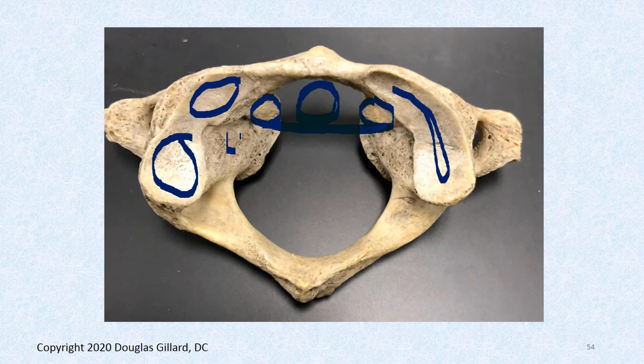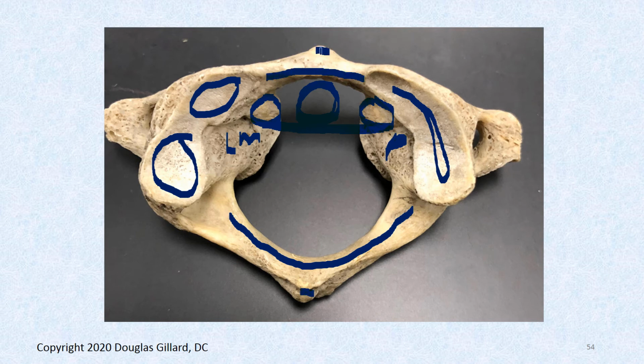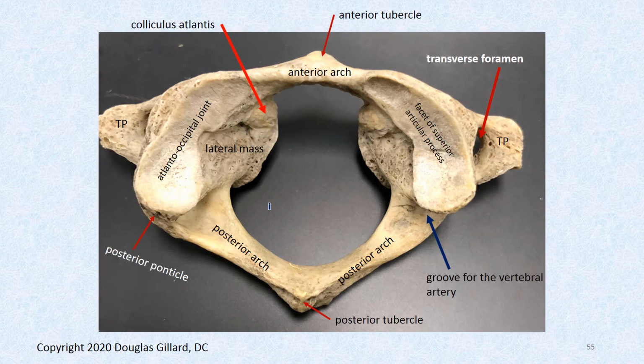I guess that could be called the lateral mass from here, or you could call it the articular pillar. This whole thing is the posterior arch, posterior tubercle, anterior arch, anterior tubercle. We got that weird posterior ponticle, right? We'll come to that. All right, that's all the parts.